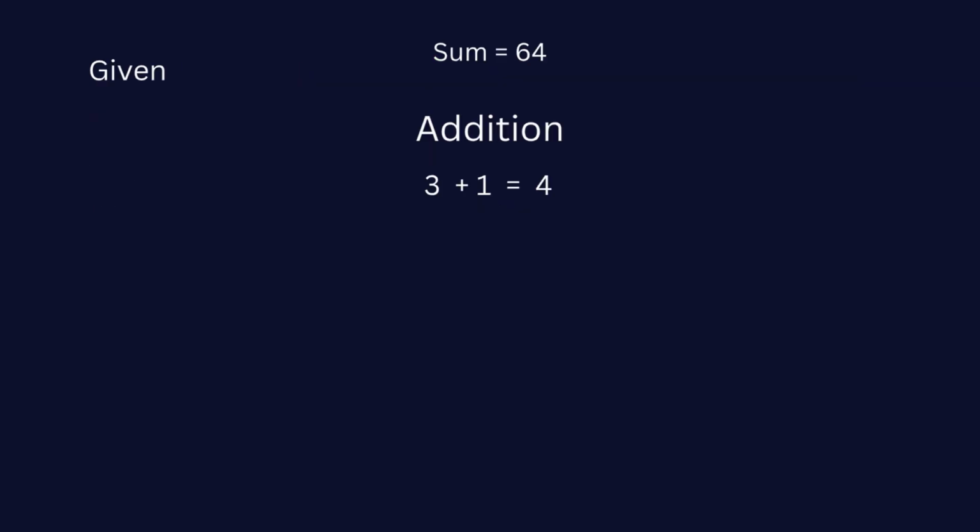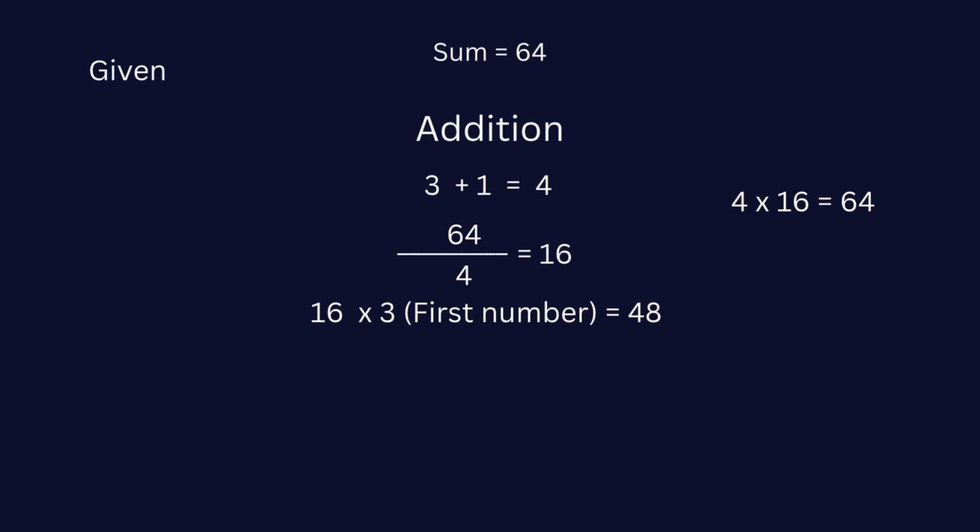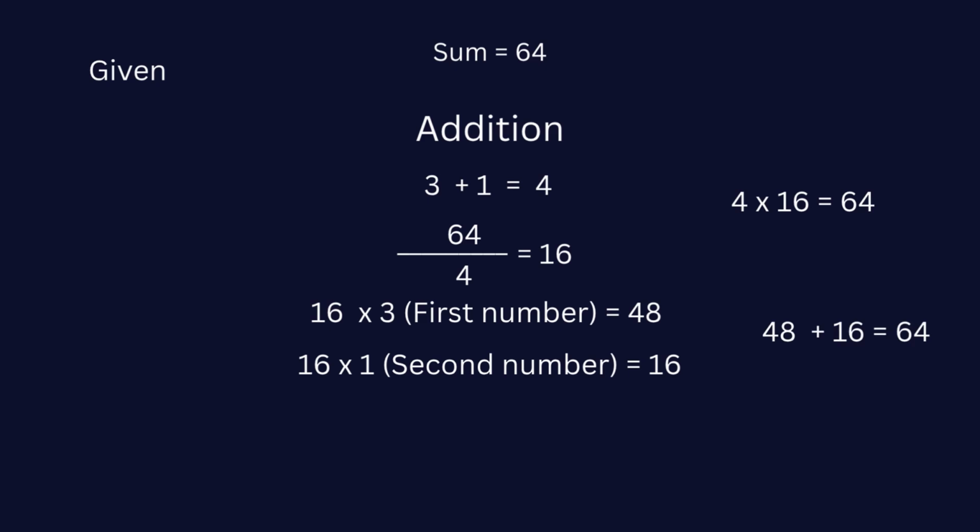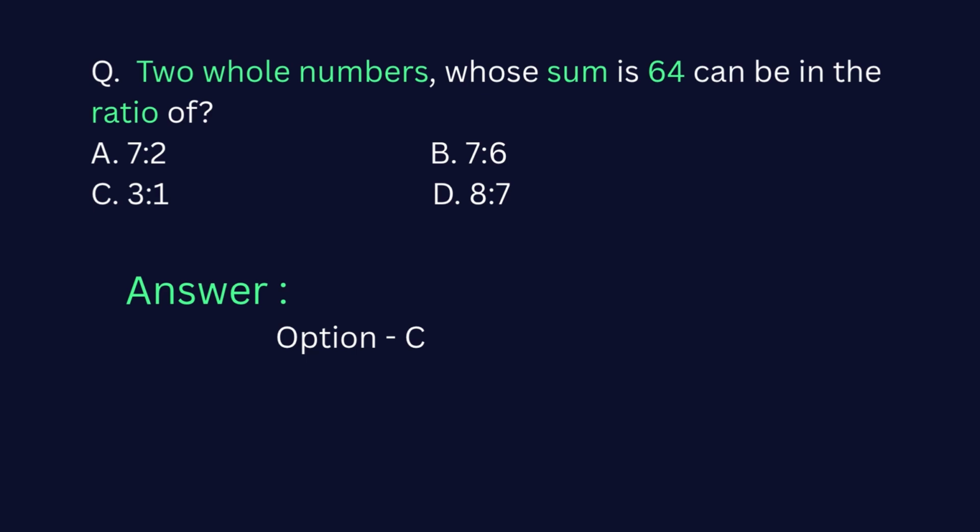If I plug in the values, I would get 4. 64 divided by 4 would give me 16 per part. So I multiply the first number, 16 times 3, gives me 48, and 16 times 1 gives me 16. Now if I add them, it gives me 64, which is the correct sum. So option C is the correct answer, which is 3:1.